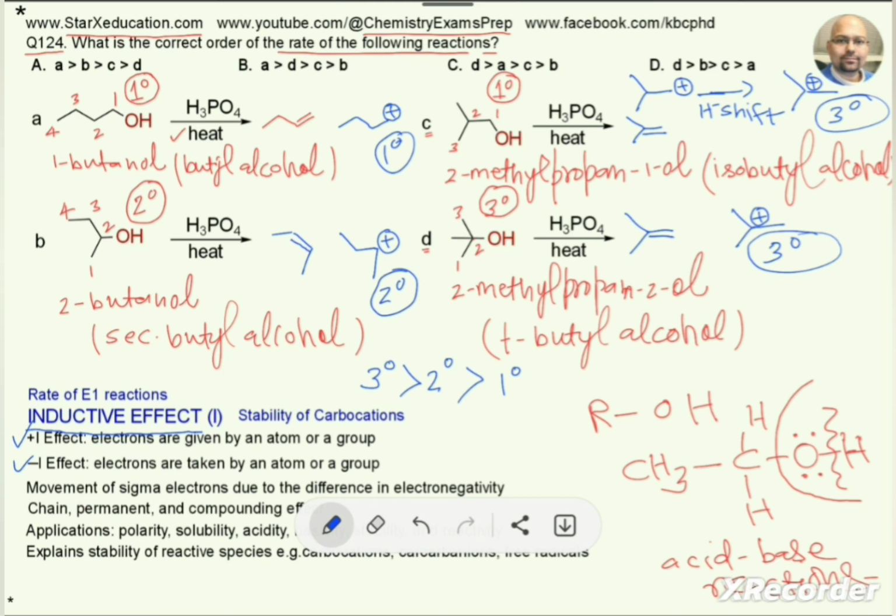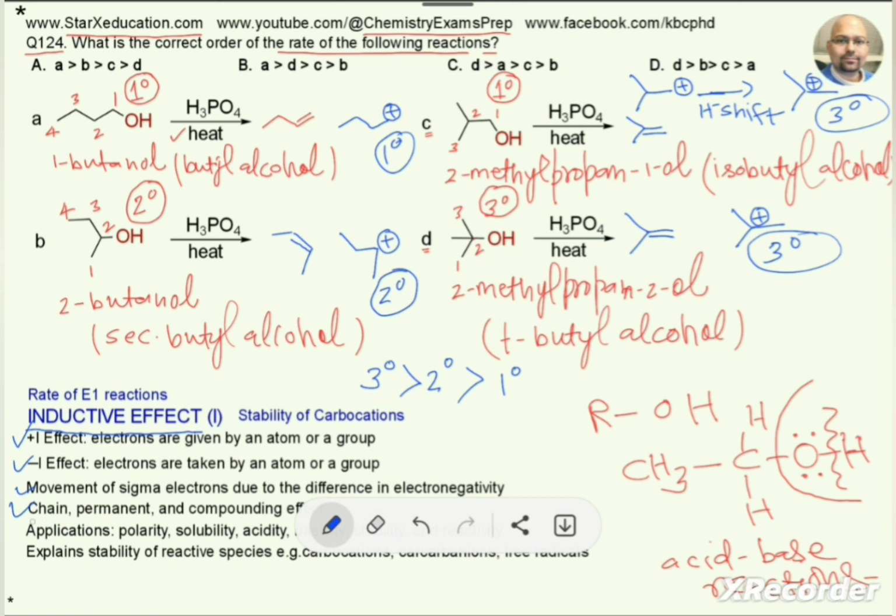And these electrons move through the sigma bonds. This inductive effect is the result of the difference in electronegativity between different connecting atoms that are connected by covalent bonds or sigma bonds.